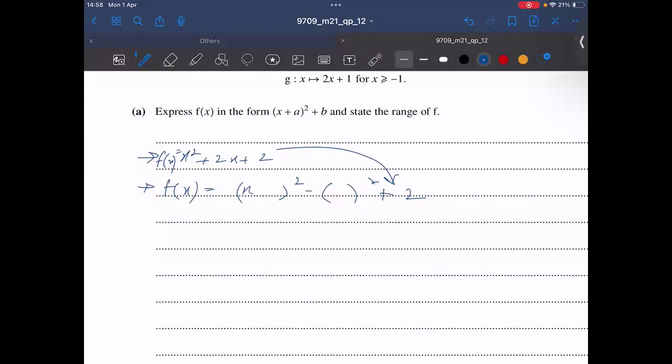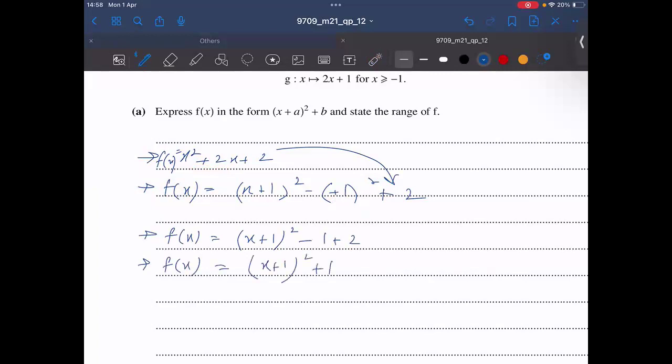I'm going to write down x. What I have with x is plus 2, so I write down plus 1 and plus 1. If this had been minus 2, I would have written down minus 1 and minus 1. So f of x equals x plus 1 whole square minus 1 plus 2.